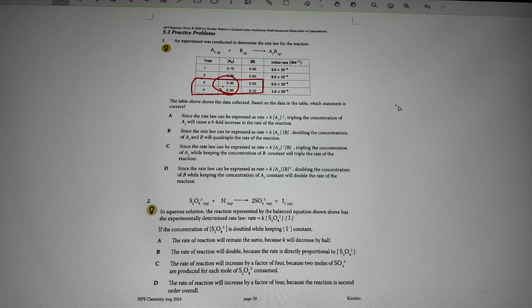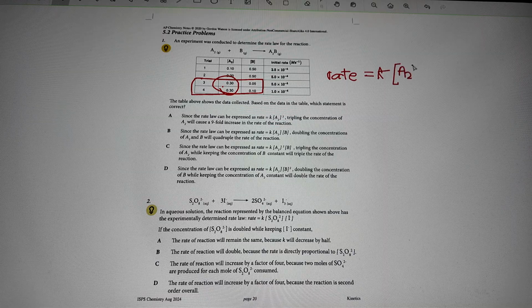So the rate is the constant, then A2, and then B.